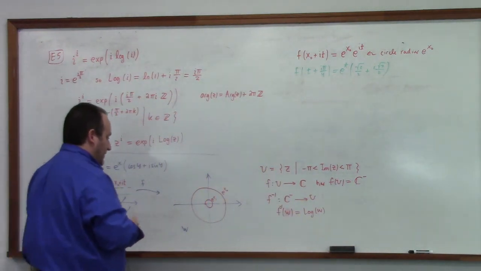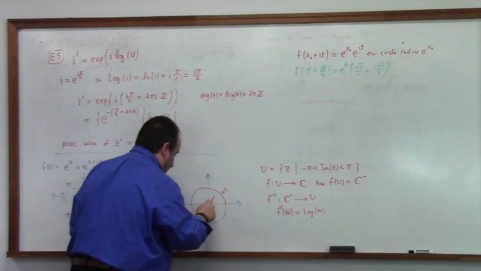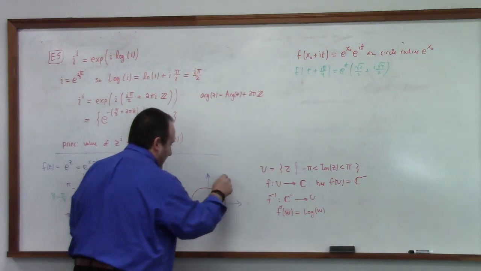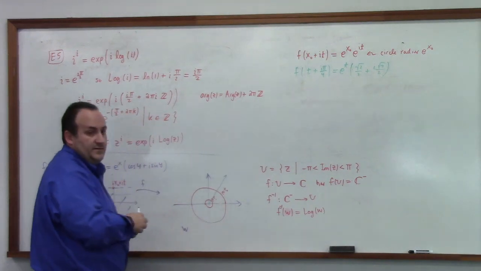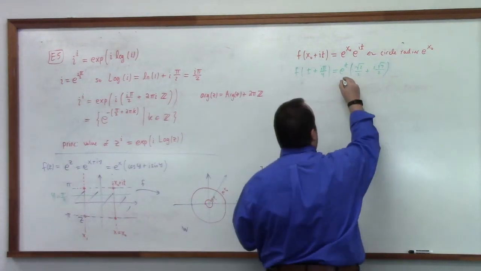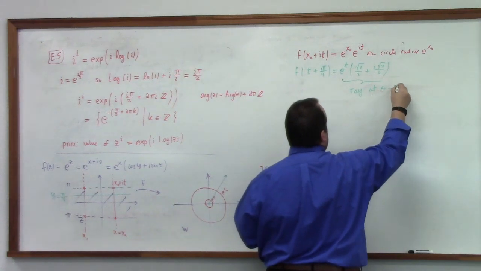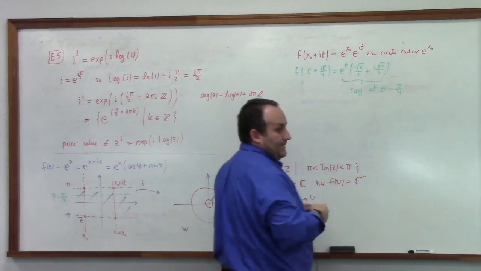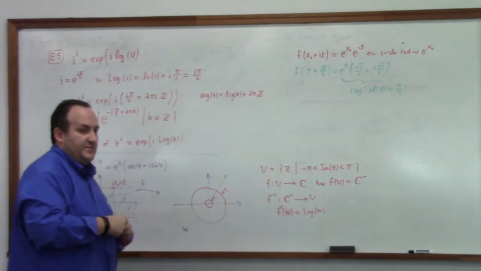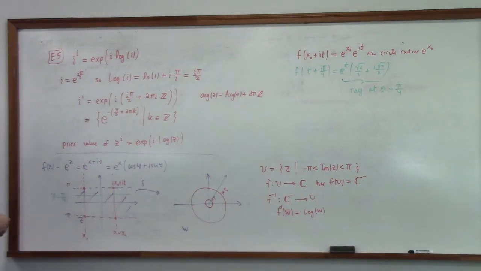That's basically just this ray, with the origin deleted, at theta equals pi over 4. So horizontal lines get mapped to rays, and vertical lines get mapped to circles under the exponential function.